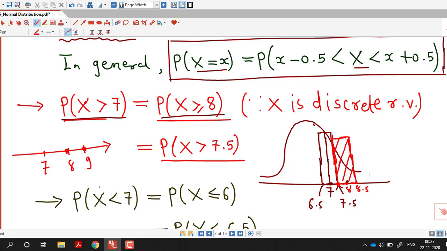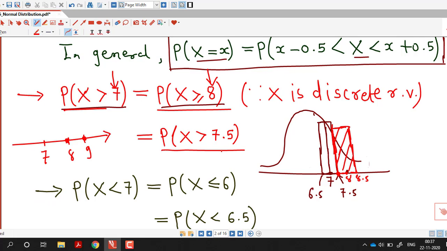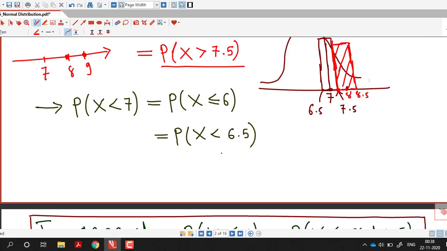So in this way, whenever we want to find this type of probabilities, we will consider the rectangle surrounding that point, and from that we will have the idea. Suppose I want to calculate the probability that X is strictly less than 7. Because X is a discrete random variable, this is equal to the probability that X is less than or equal to 6.